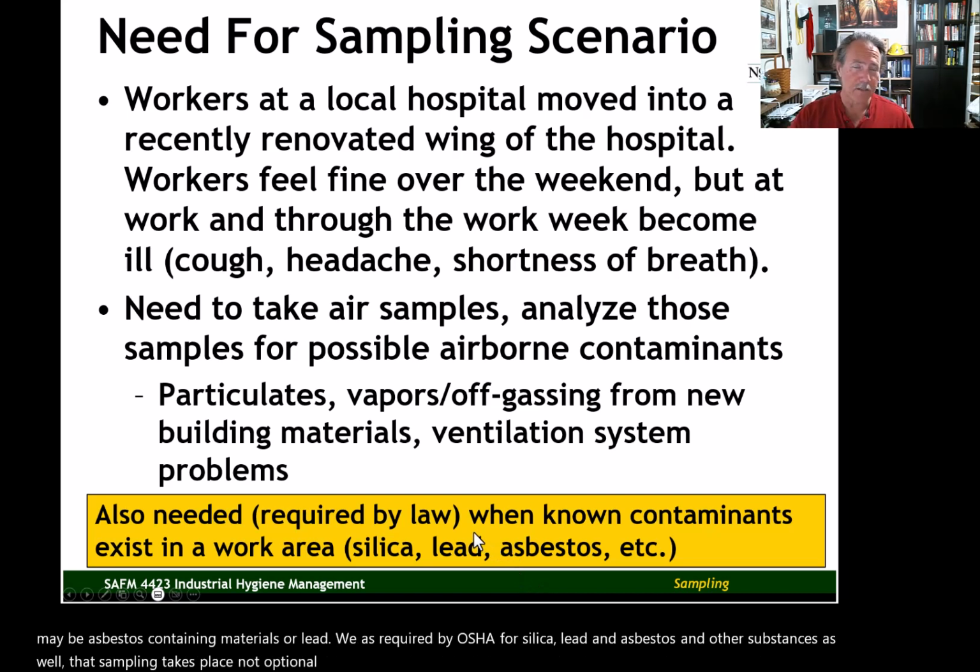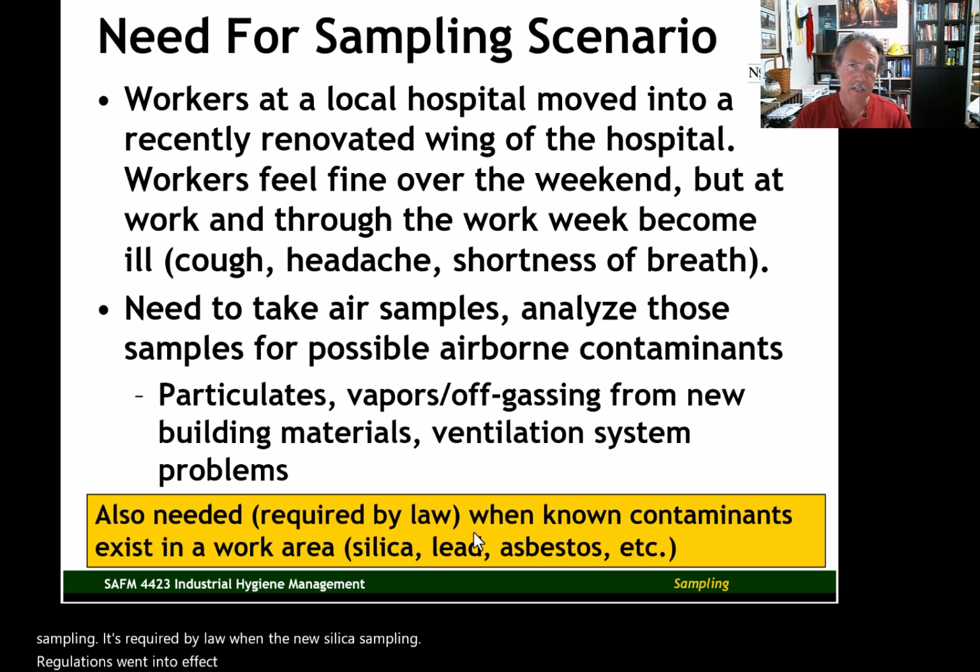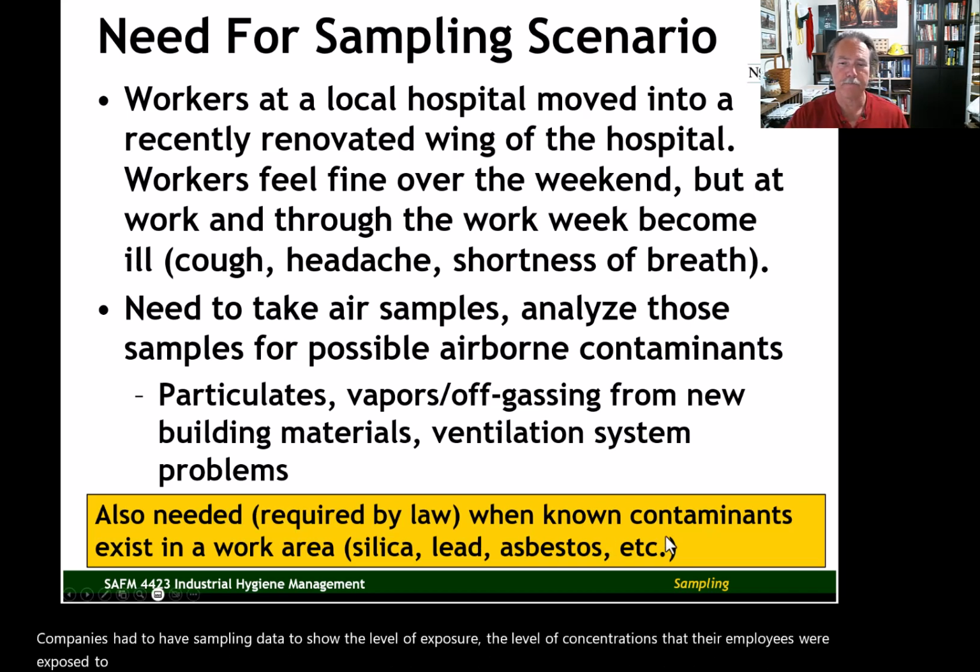You don't have to wait until somebody's showing signs of illness to do the sampling. It's required by law. When the new silica sampling regulations went into effect in 2017, companies had to have sampling data to show the level of exposure their employees were exposed to in the workplace.